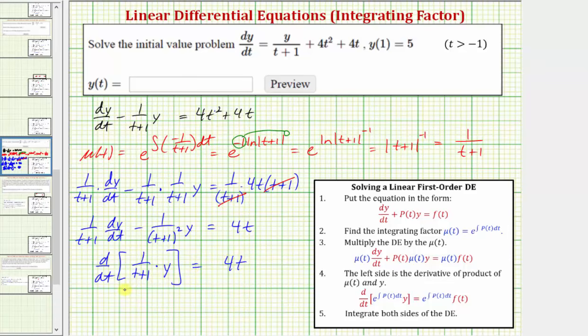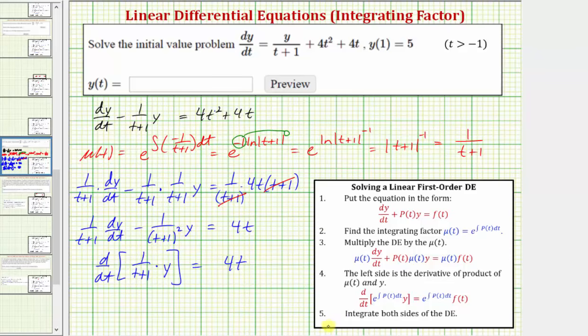To find this derivative, we'd apply the product rule, where we'd have the first function, 1 divided by the quantity t plus 1, times the derivative of the second function, which is dy/dt, plus the second function, which is y, times the derivative of the first function, which is 1 divided by the quantity t plus 1, which is negative 1 divided by the quantity t plus 1 squared.